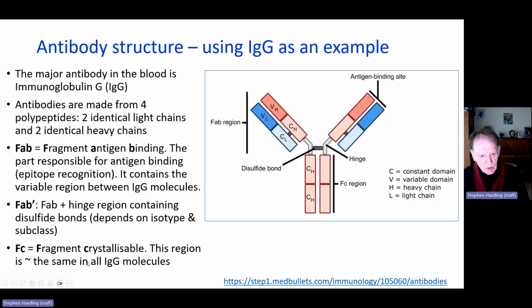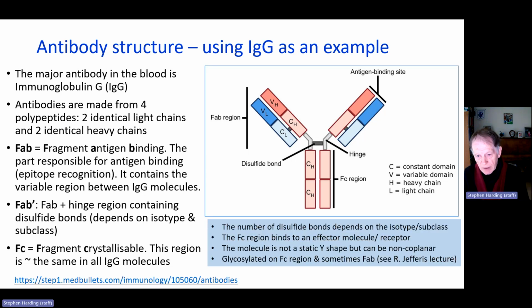Fc stands for fragment crystallizable, and when the structures of antibodies were being worked out half a century ago by Porter and others, it was soon realized that the Fc fragment was crystallizable. In fact, the Fab fragment is also crystallizable. And the Fc fragment is the same, or approximately the same, with some minor variations, in all IgG molecules.